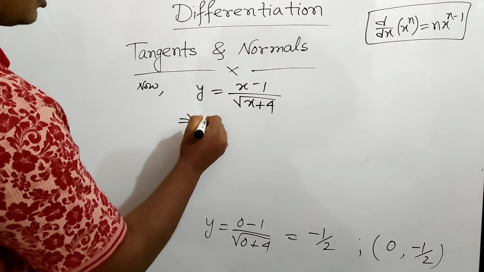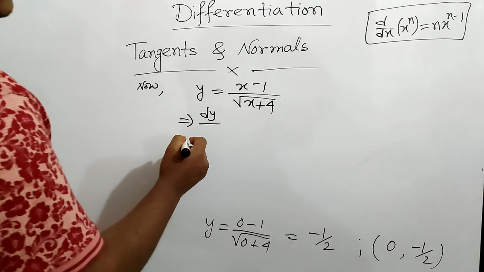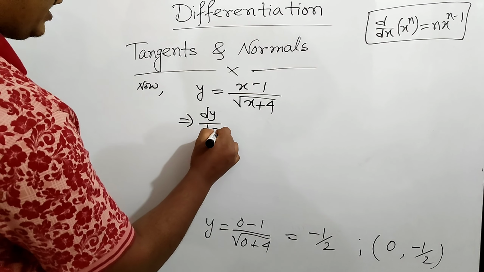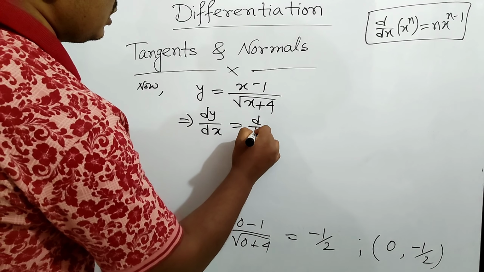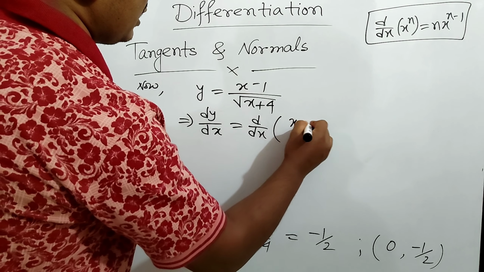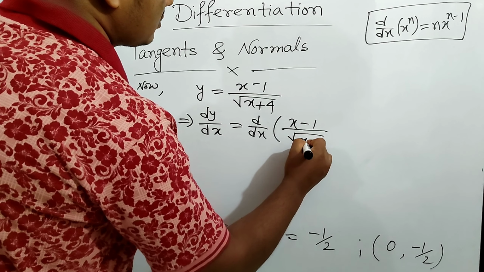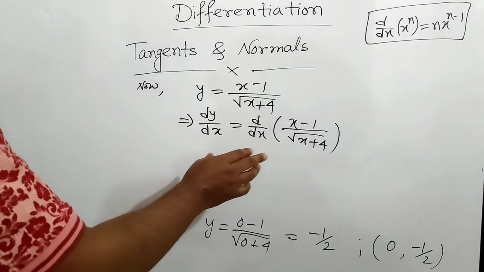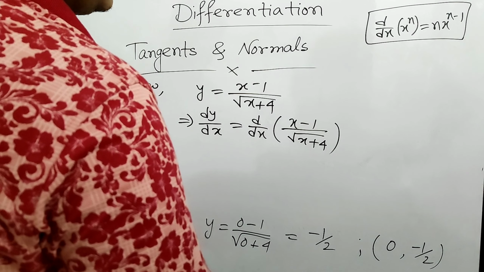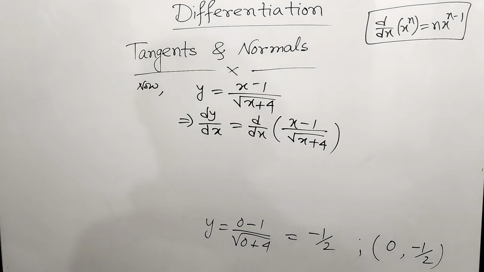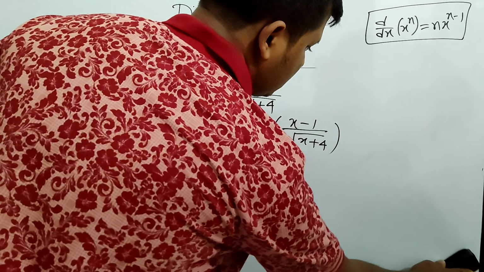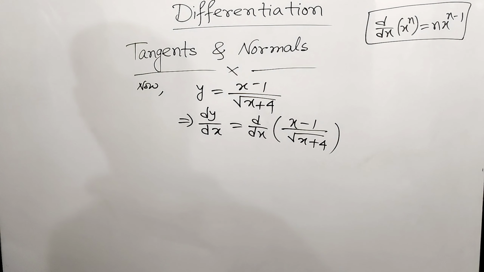We can differentiate both sides with respect to x, then it will be d/dx of (x minus 1) over root of (x plus 4). Here this is the division rule of differentiation. Keep in mind you must know the rules of differentiation.